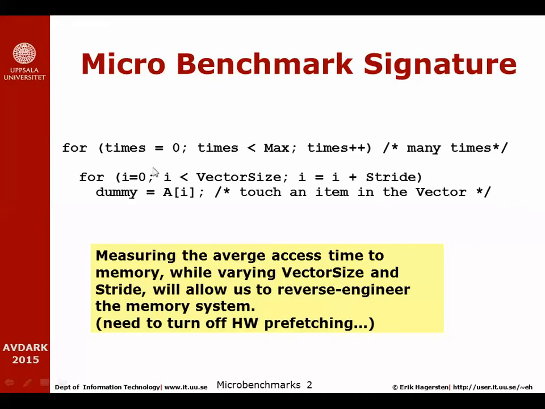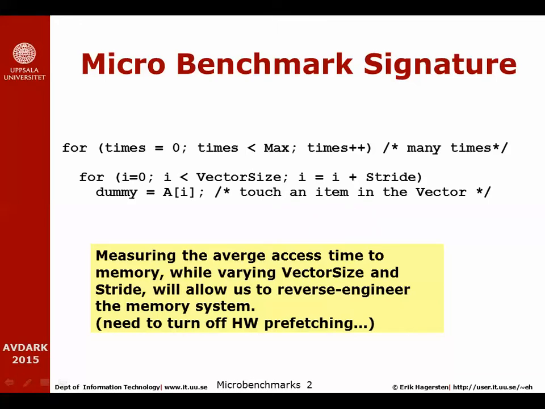Then we do this for different vector sizes and different strides, and we measure the average access time to memory for the combination of vector size and stride. By looking at the average access time for different vectors and strides, we are able to reverse engineer the memory system of the specific architecture we're looking at.